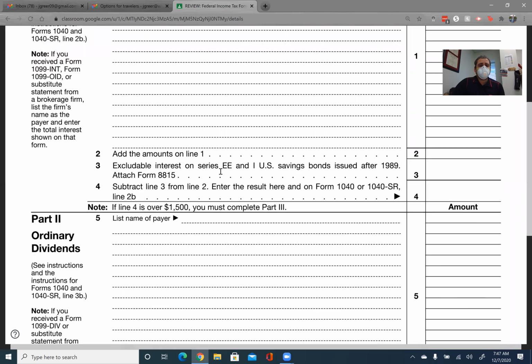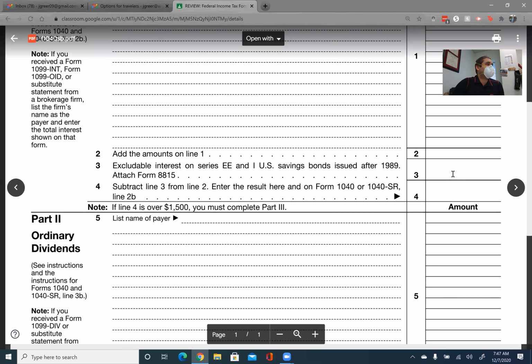Plus, EE and I U.S. savings bonds issued after 1989. Not a lot of people use U.S. savings bonds. I'm sure people use them, but it's not very commonplace. You tend to go with CDs and others. Savings bonds have just kind of fallen out of popularity. Okay. So line 3 is going to be 0.